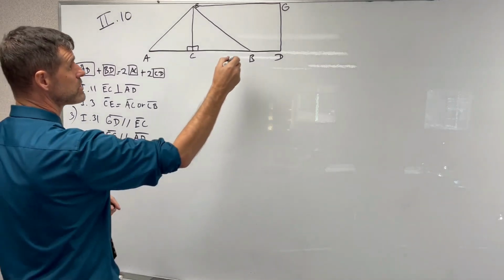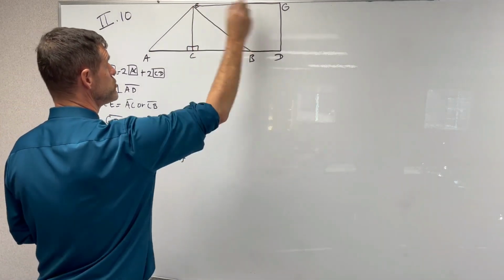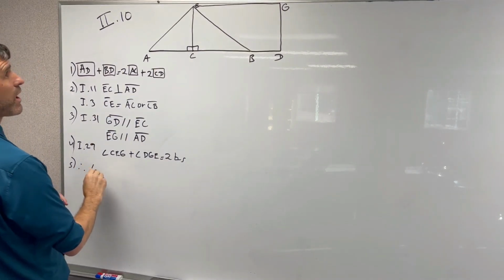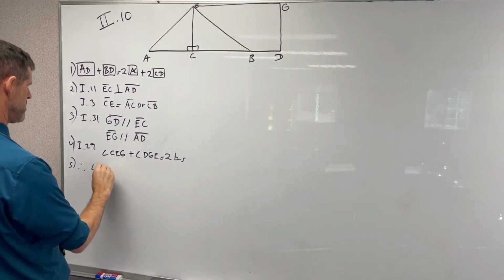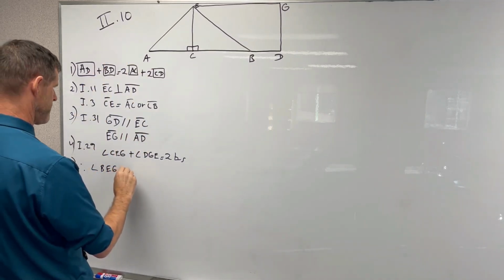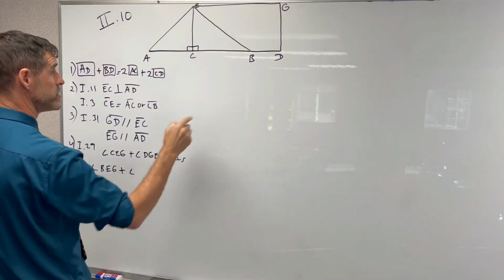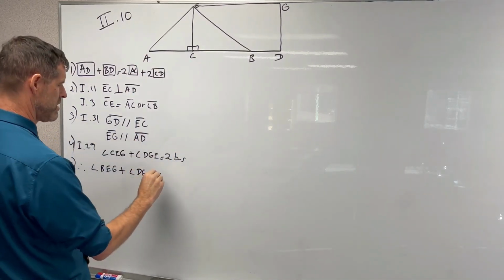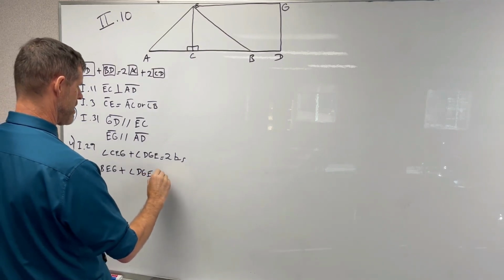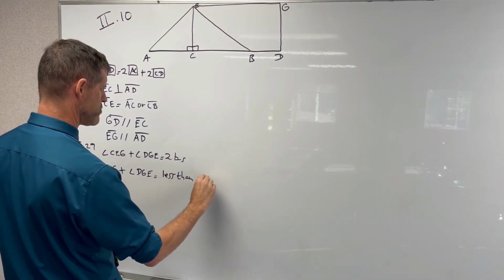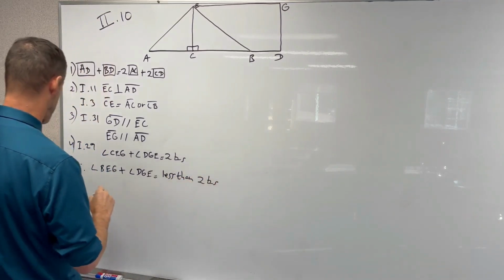Therefore, the angles BEG and DGE must be less than two right angles. The angle BEG plus the angle DGE, I'll just write it out, is less than two right angles.